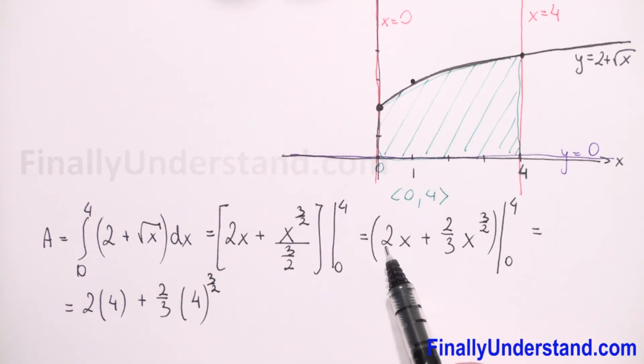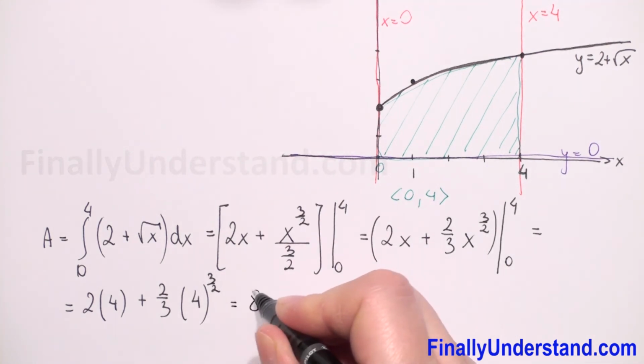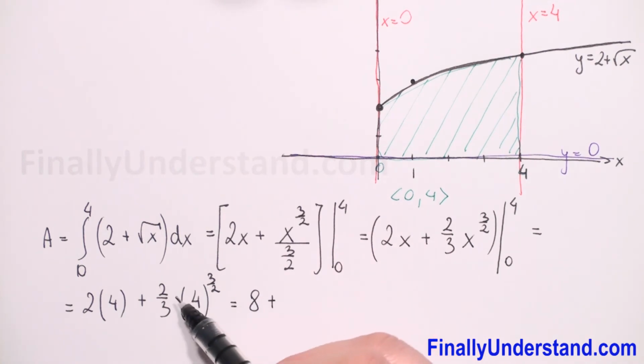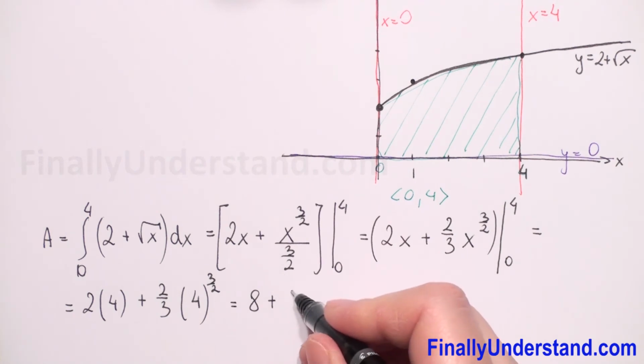So 2 times 0 will be 0, and 2 over 3 times 0 to the power 3 over 2 will be 0. So we don't have to do this. So this is equal to 8 plus 4 to the power 3 over 2. Let me write this.